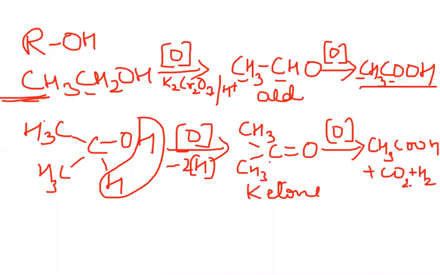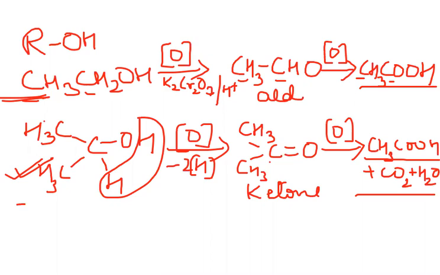Meaning to say that on further oxidation it is converting into CO2 and H2O, and you are getting an acid also. But this acid contains one carbon atom less than the compound you started from. So the acids formed in the case of secondary alcohol contain a smaller number of carbon atoms.